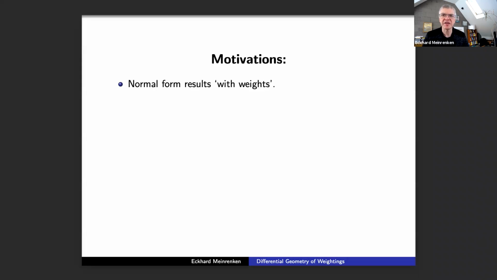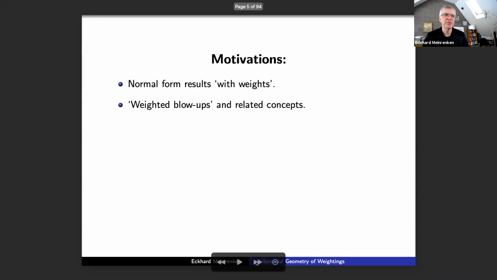And there's certainly many other contexts where this kind of idea appears. Of course, it's also familiar in the context of weighted blowups, which are mostly used in algebraic geometry, but also a little bit in differential geometry already. And then, as I mentioned before, in the theory of hypoelliptic differential operators.